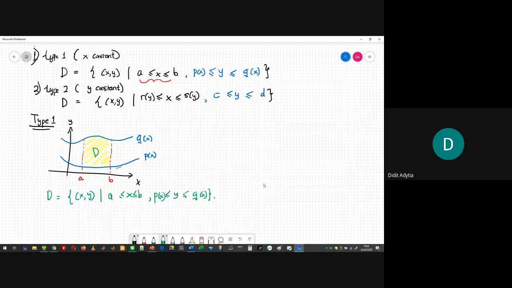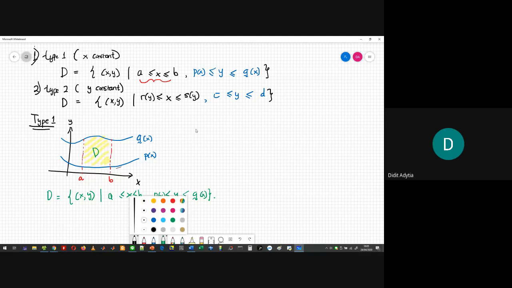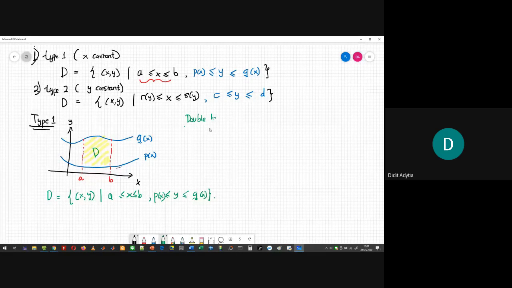Now how can we calculate this? So now I will use the double integral on domain D.